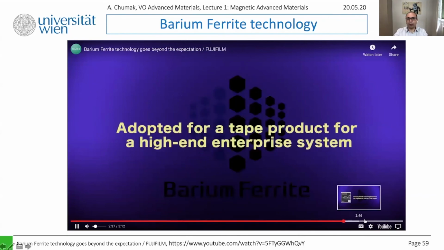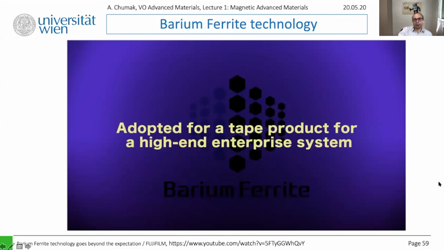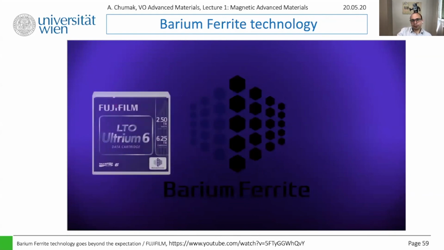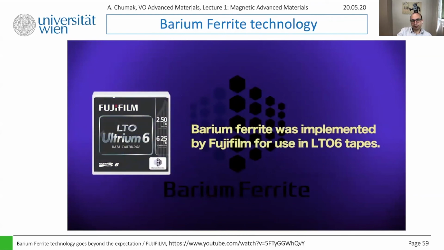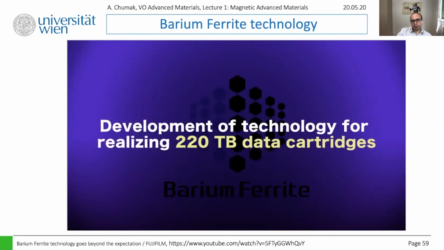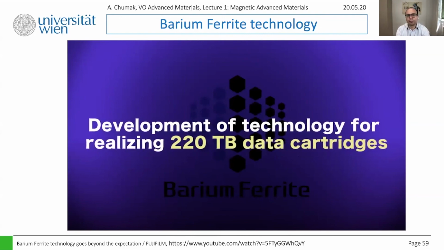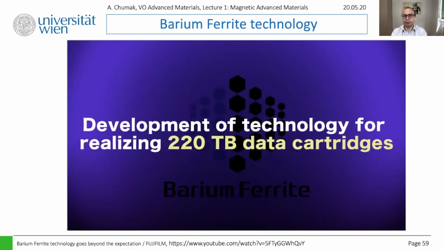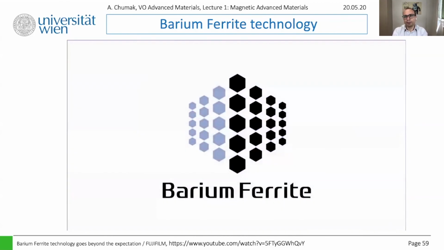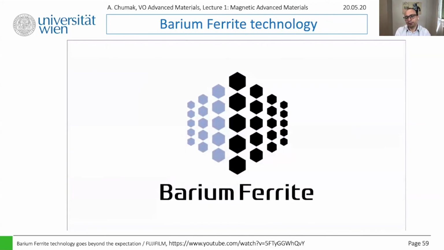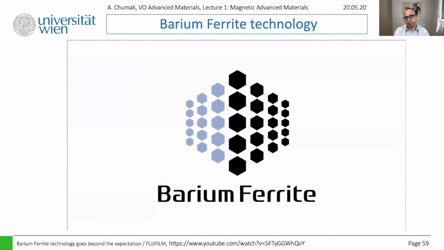Barium ferrite was adopted for a tape product for a high-end enterprise system in 2011. In 2012, it was implemented by Fujifilm for use in LTO6 tapes. In 2015, the company successfully developed the technology for a magnetic tape capable of storing 220 terabytes. The future of tape archives lies in barium ferrite.